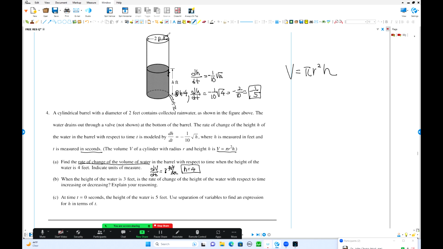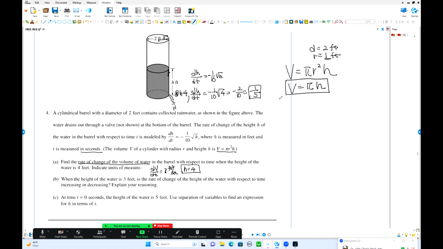Since the diameter is 2, r equals 1, a constant. Put just the number 1 there, so volume equals pi h.